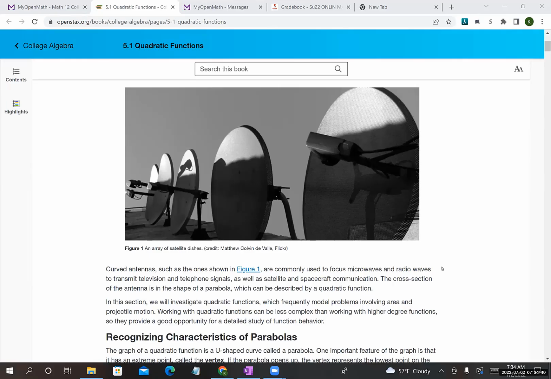Usually we know it by the form ax squared plus bx plus c. Now, when we work with quadratic functions, it's not as complex as any higher degree function, for example, the cubic function or the fourth-degree function.